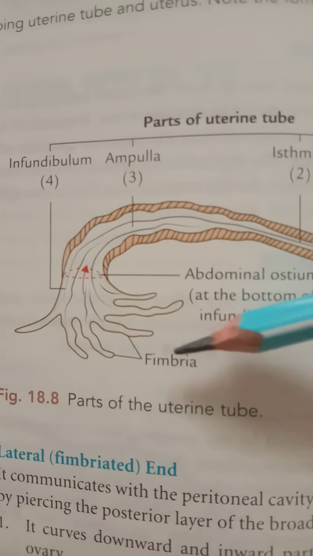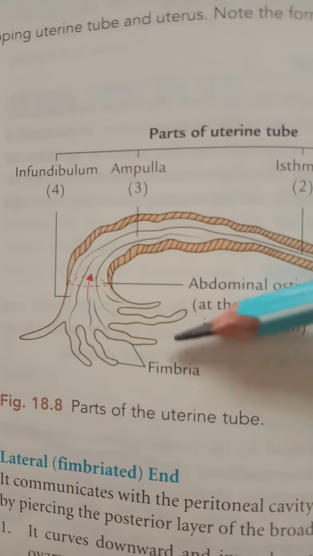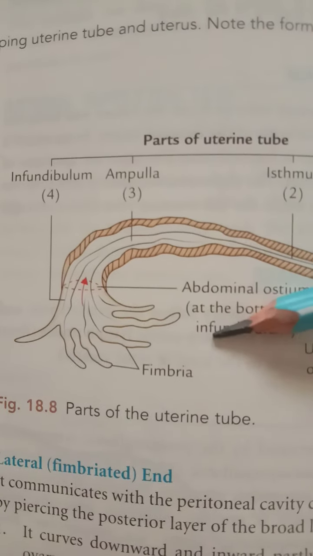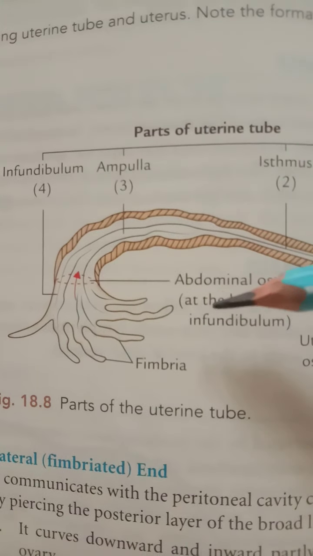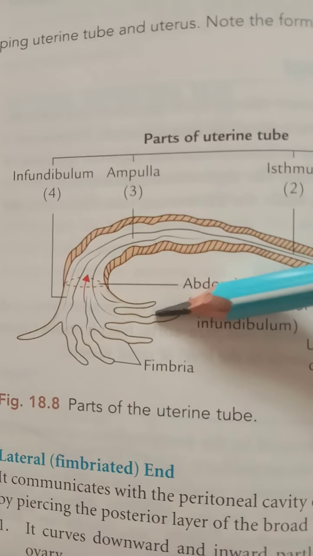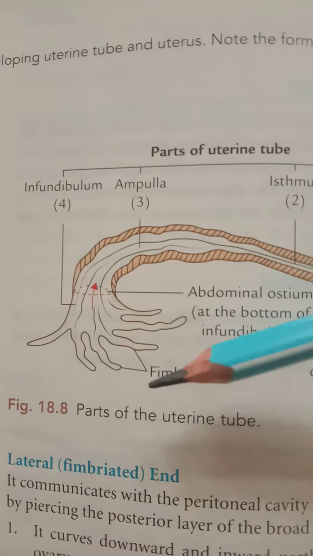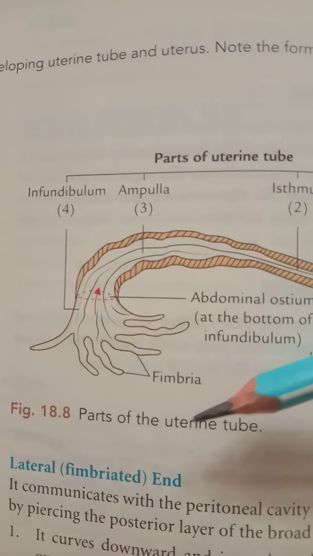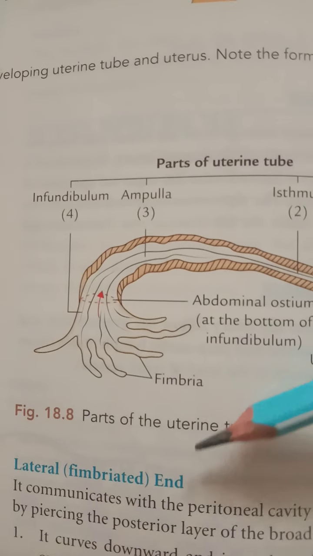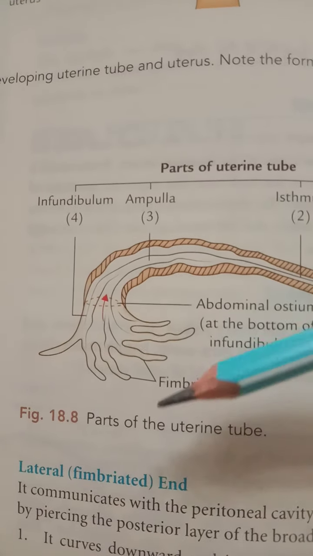One of the fimbria is longer and more deeply grooved than the others and it is closely applied to the tubal extremity of the ovary. It is called the ovarian fimbria. This one is the longest. The ovarian fimbria acts as a sensor to time the release of the ovum, and just before the release of the ovum, the fimbria start sweeping the surface of the ovary and facilitate the entrance of the ovum into the fallopian tube.